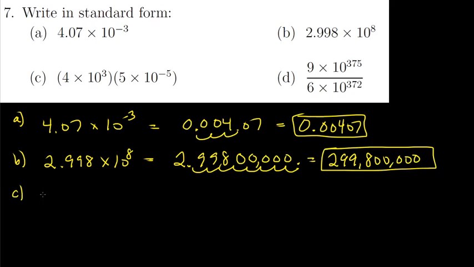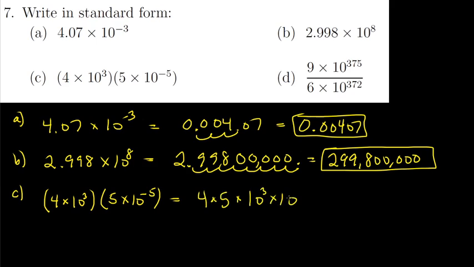Okay, part C, we're going to multiply 4 times 10 to the 3 times 5 times 10 to the negative 5. So we can just multiply in any order, right? 4 times 5 times 10 to the 3 times 10 to the negative 5. 4 times 5 is 20, and then 10 to the 3 minus 5 is just 10 to the negative 2.